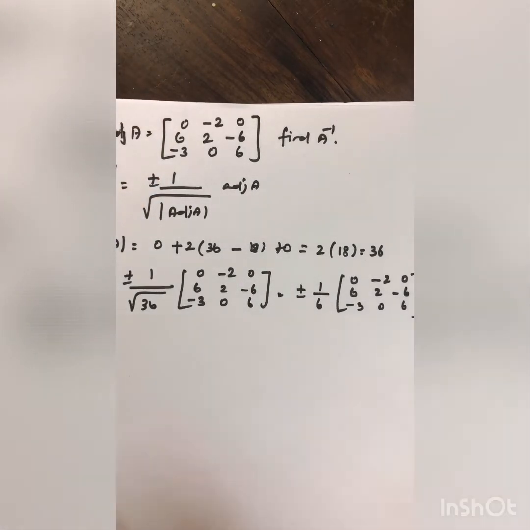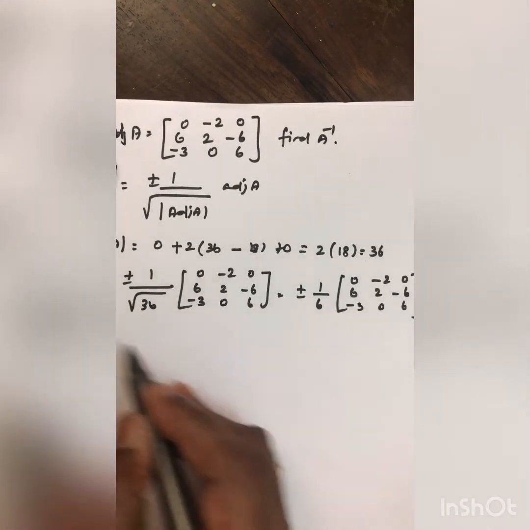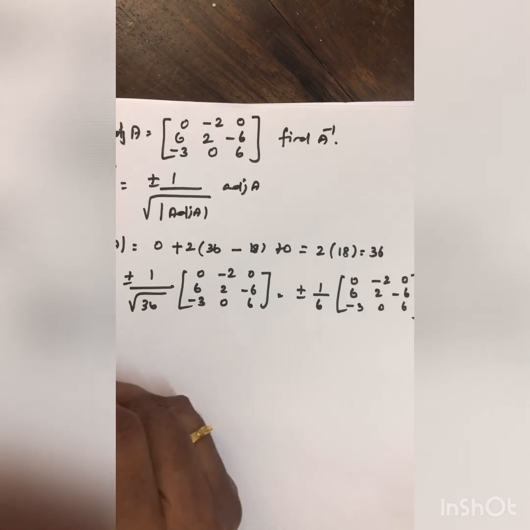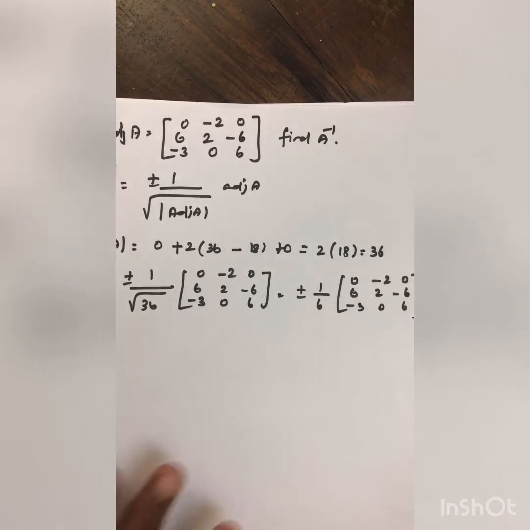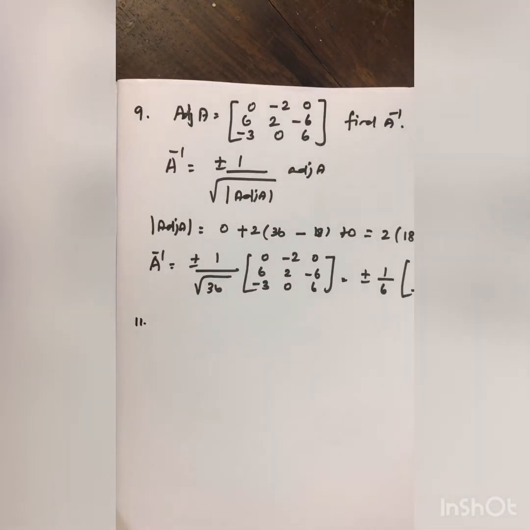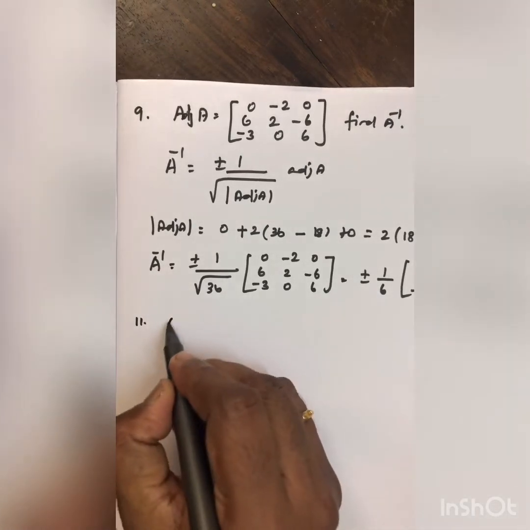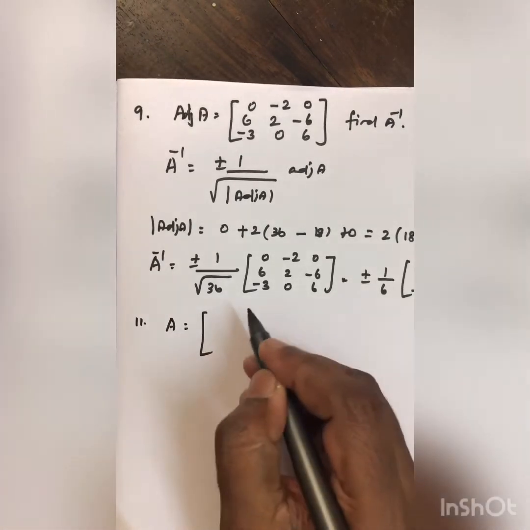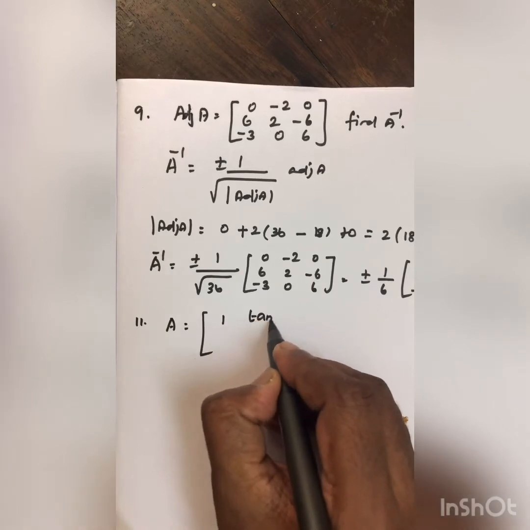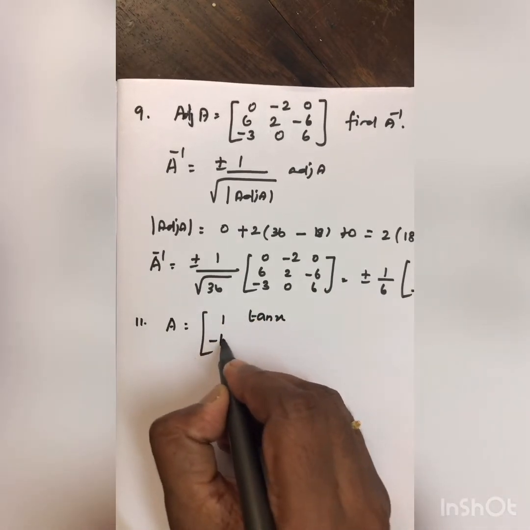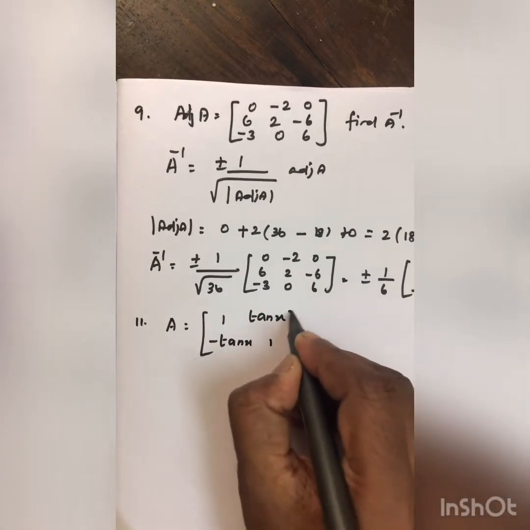Okay, so let us do one more problem. Now we do this 11th sum. Sum number 11. It is given A is a 2 by 2 matrix: 1, tan x; minus tan x, 1.